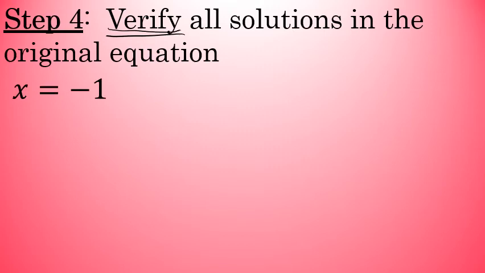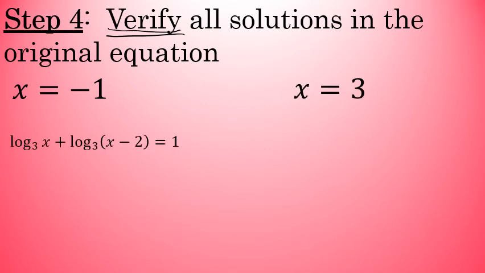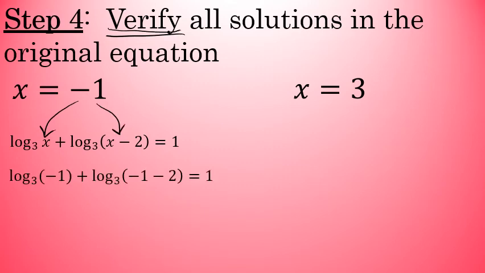So if we take a look at our solution of x equals negative 1 and substitute a negative 1 in for x in the original equation, what that yields is the log base 3 of negative 1 and the log base 3 of negative 1 minus 2.